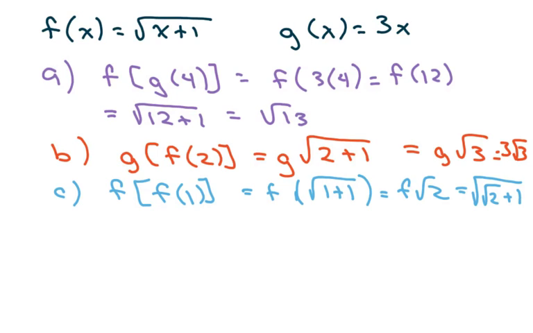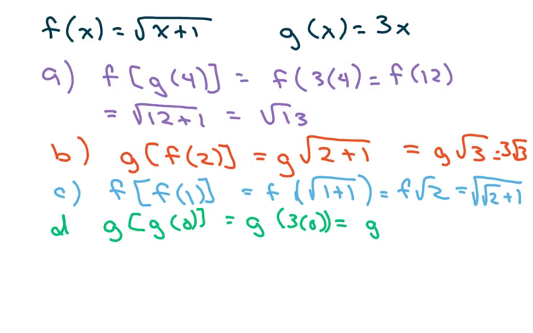And the last one, we have g of g of 0, which equals g of 3 times 0, which equals g of 0, which equals 3 times 0 again, which equals 0.